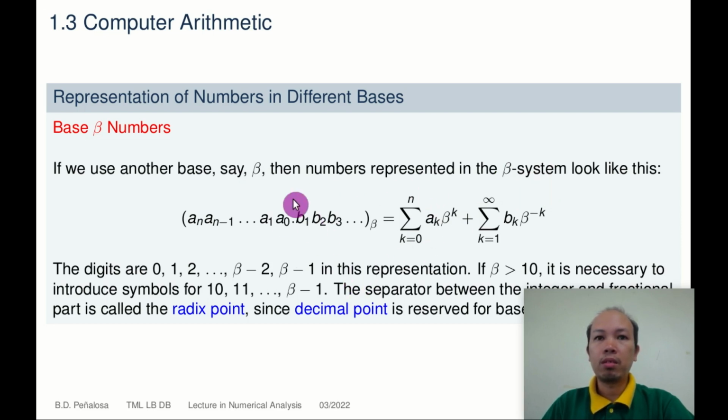This is the more general form, and as you have noticed, if b is greater than 10, or simply b is equal to 10, then we have to be careful on how to put a separator on those numbers. Maybe you can replace it by a letter. We will see that later when beta is equal to 16, which is what we call the hexadecimal number.